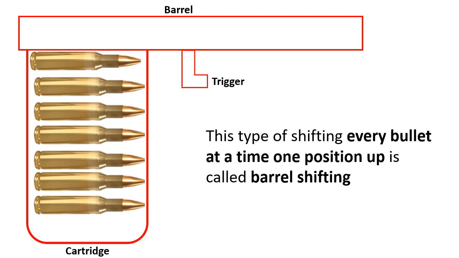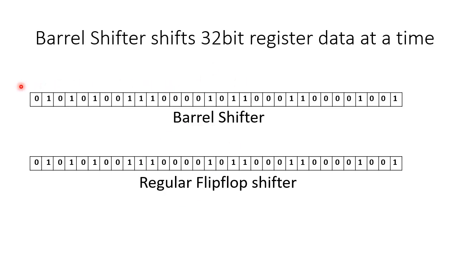So in this type of shift operation, if you consider every bullet as a shift bit, all the bits will be shifted to the vacant place at a time, unlike any other shifter where every bit transfers one by one. We'll see that on the next slide.